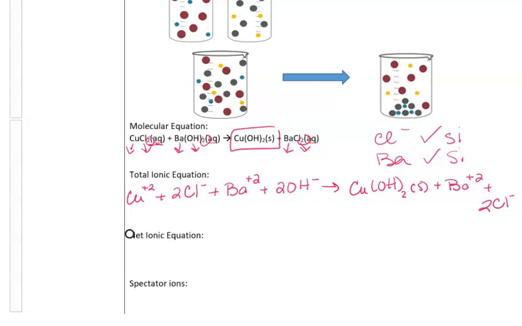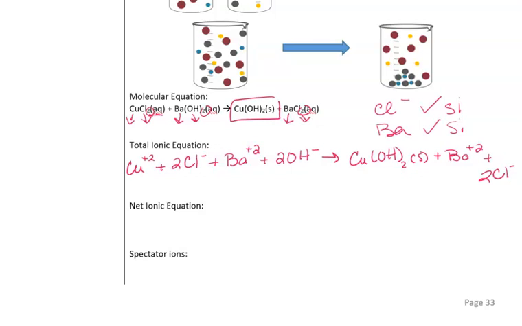Now this is already balanced. 1 copper, 1 copper. 2 chlorines, 2 chlorines. 1 barium, 1 barium. 2 hydroxides, 2 hydroxides. If you've done it correctly, it should be balanced, but always check because it's a good way to find if you've accidentally overlooked a coefficient or a charge. Your charges should balance on both sides. Everything should be balanced. So that's a good way to double check yourself to make sure you haven't overlooked something.